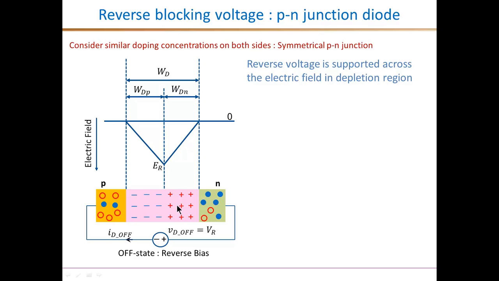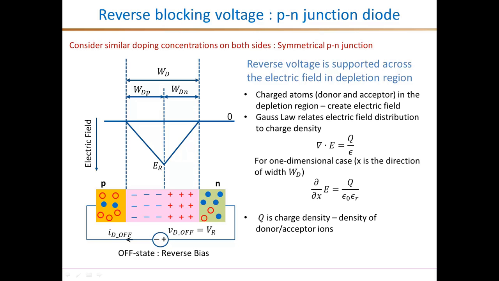Now these ionized atoms, the positive on the N side and the negative on the P side, create an electric field, and the electric field is given by Gauss's law, which says the gradient of the electric field is the charge enclosed over epsilon. For the one-dimensional case, where x is in the direction of the depletion width WD, Gauss's law is given by ∂E/∂x = q/ε.